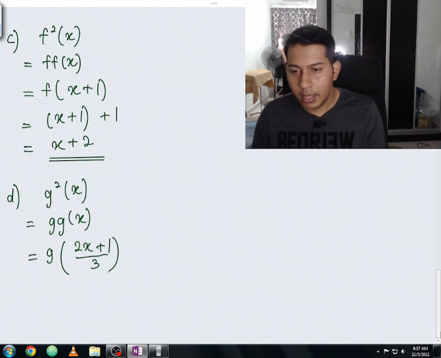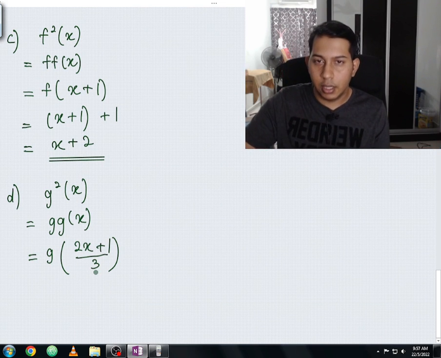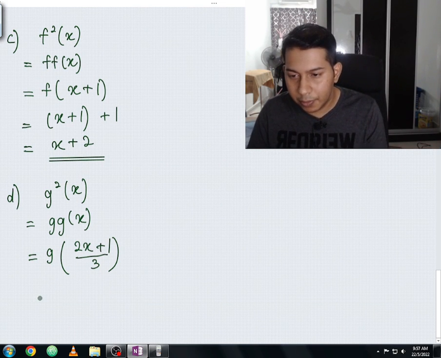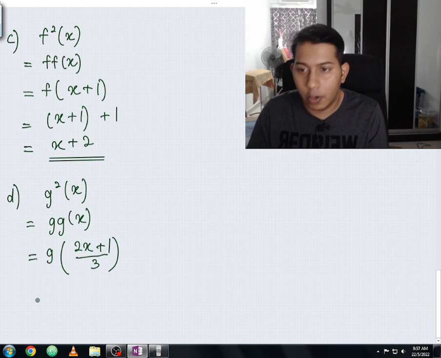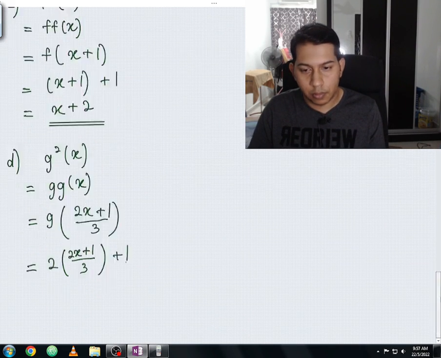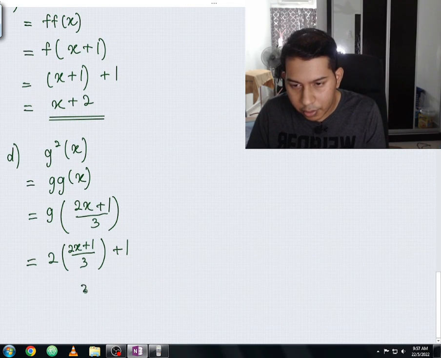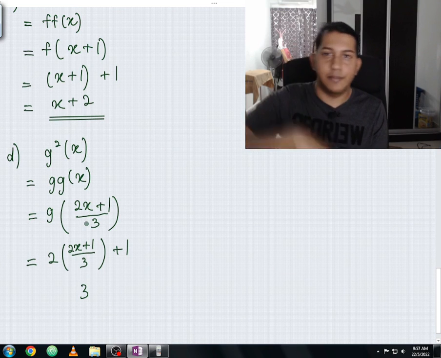And then this (2x plus 1) over 3 is being mapped again in the function g. So let us continue. It's a bit tricky now, so please follow along with me, guys. So from here 2 in a bracket, (2x plus 1) over 3, and then you add 1 over 3.